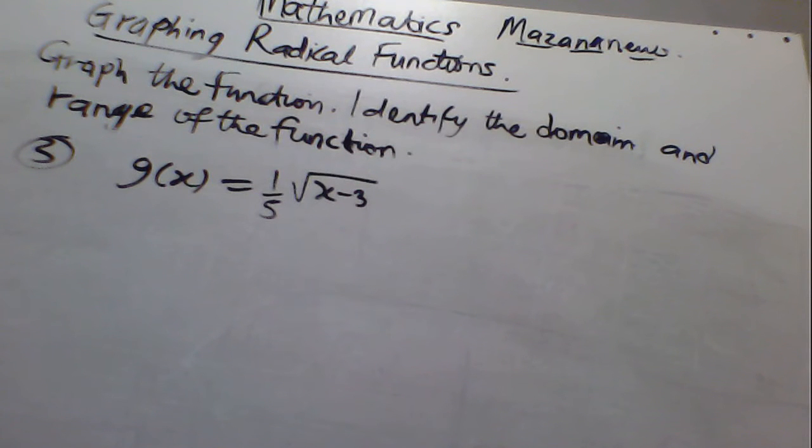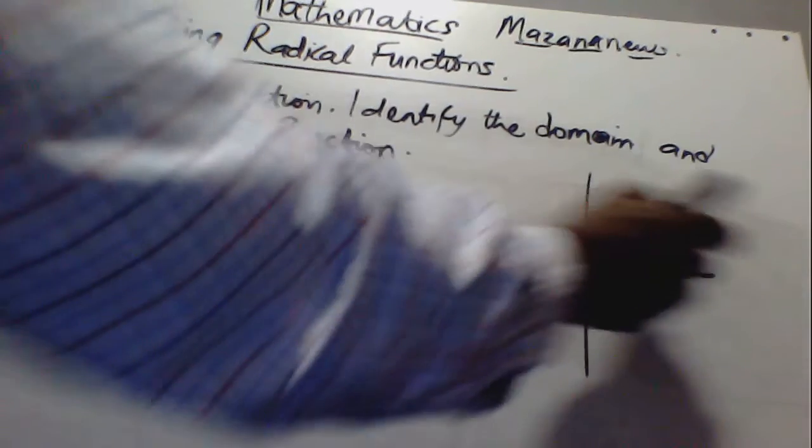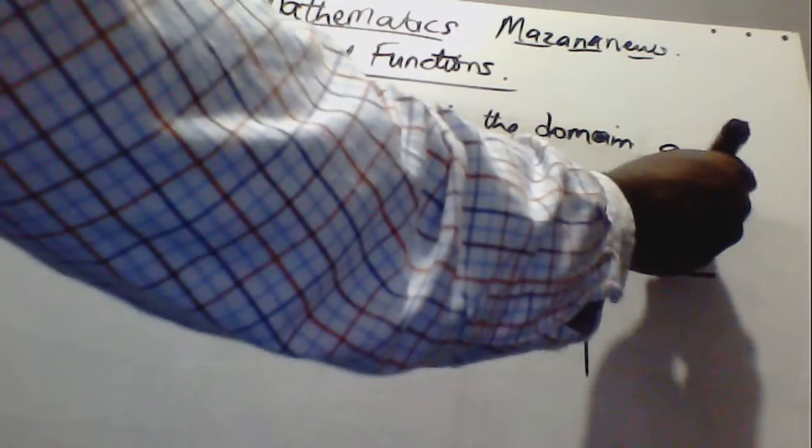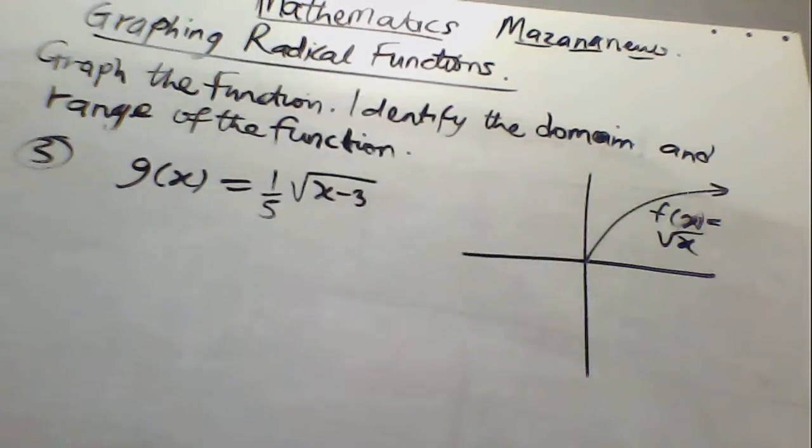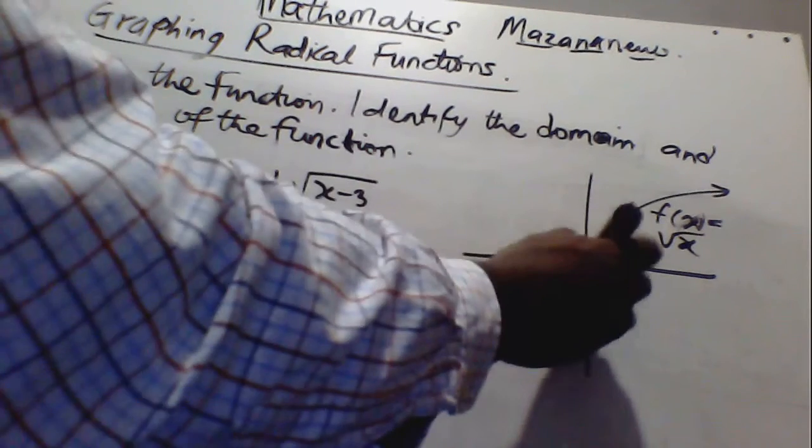If you're looking at it, for you to understand how to do it, you can describe the translation immediately with respect to the parent. This is f of x equal to the square root of x. It is at 0, 0.